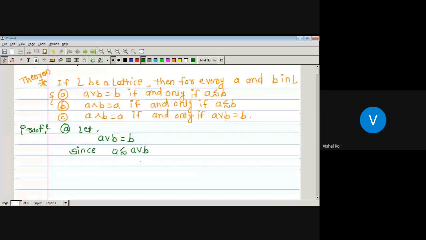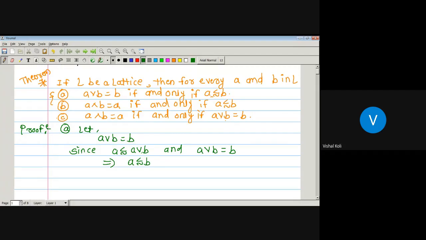In the definition of a lattice we have seen a precedes a join b always. Here we have a join b equal to b. Just put the value of a join b as b, which implies a precedes b. So if we take a join b equal to b, then a precedes b obviously.